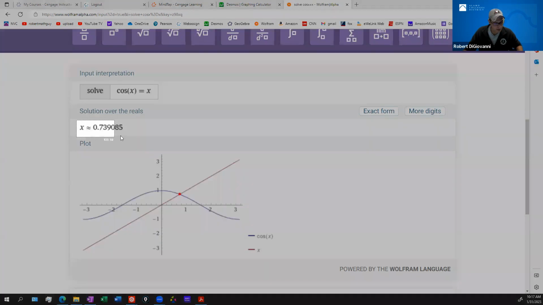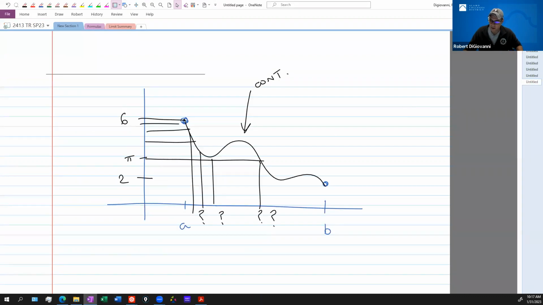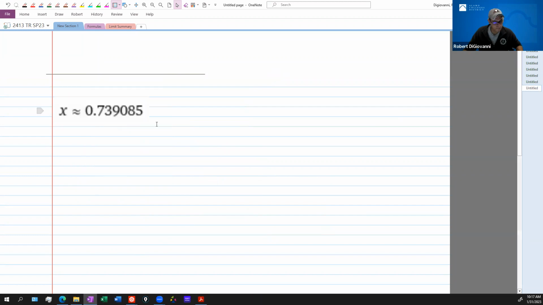All right, so let me grab this, and let's take a look at that answer. It's saying that if you plug that X value into this, you should get a true equation. So you take this number, 0.7739085, and plug it into the cosine function on your calculator. What mode would you have to be in if you're going to plug that number in?